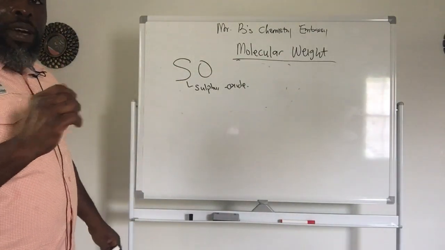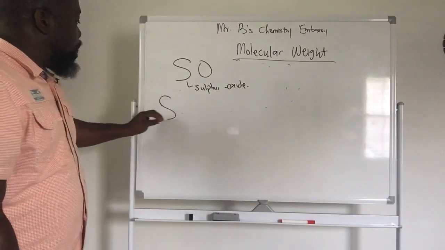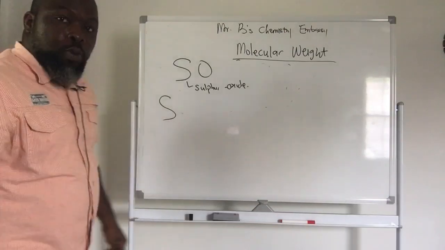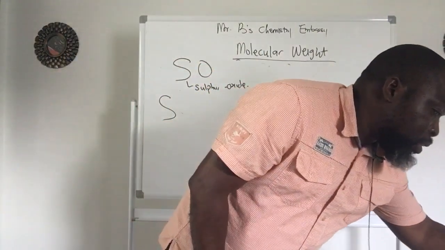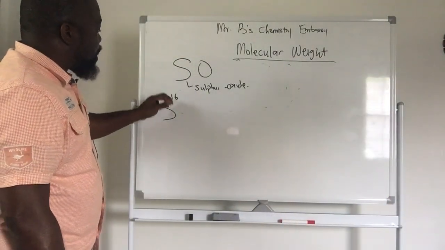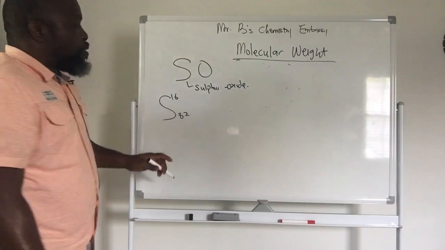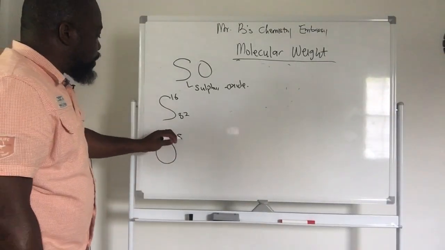So what is the first thing we do? Let's take out our S. Then we go to the periodic table and we look for sulfur. We see that sulfur has 2 numbers, 16 and 32. Of course, oxygen is 8 and 16.